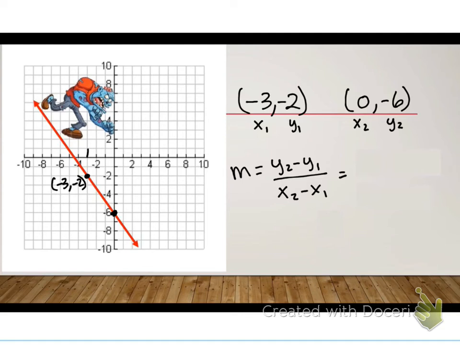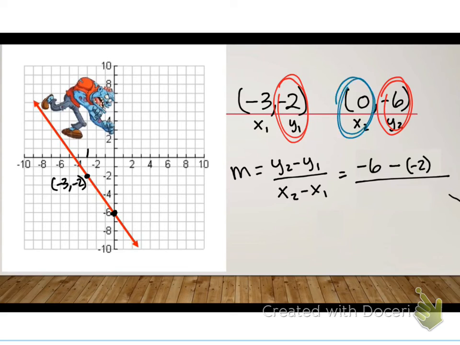And so our y2 is -6, so we'll write that first. -6 minus a y1, that's also a negative, but it's going to be -2, over x2, what is x2? 0, minus our x1, which is that -3. So let's put minus a -3.